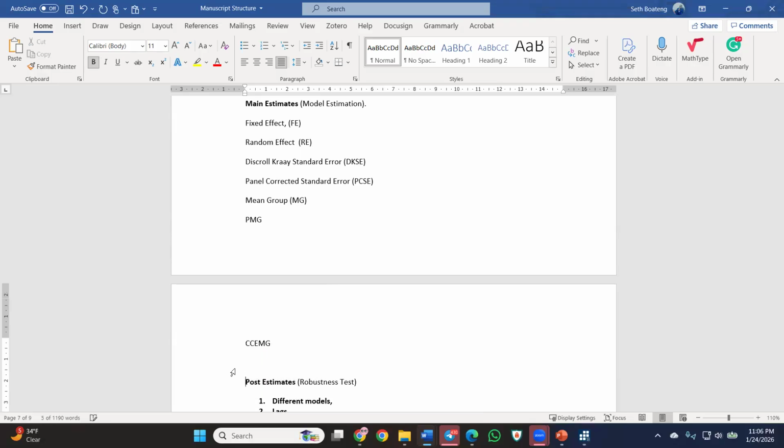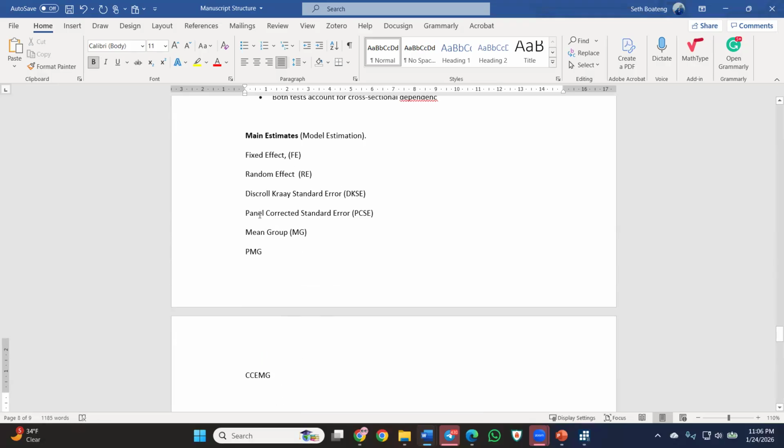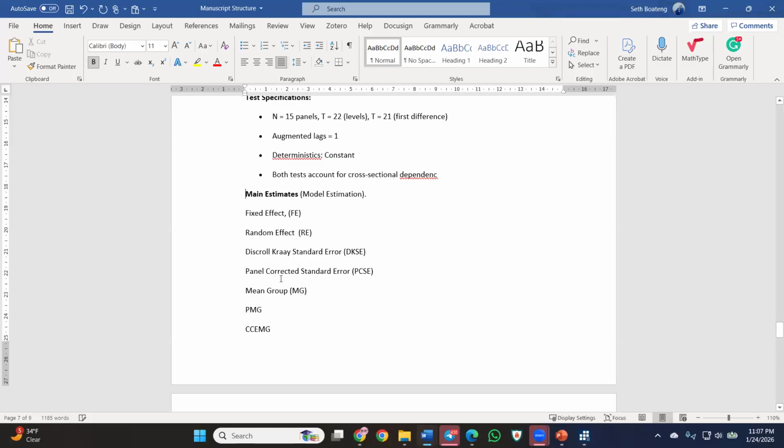But this is a lecture, so I'll run these models for us to interpret them. We will have time for GMM models; that will be a full lecture. And then we will also do quantile regression as a full lecture.